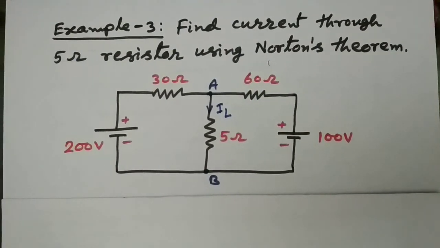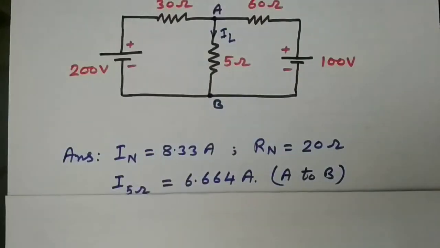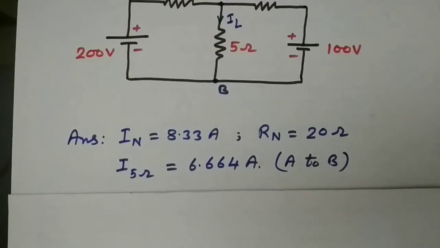So the steps are, first of all you have to calculate Rn, the Norton equivalent resistance, then you have to calculate IN, that is the Norton equivalent current, then draw the Norton equivalent circuit, add the load resistance across the Norton circuit, and then find the current using the current division rule. For reference, the answers are here.